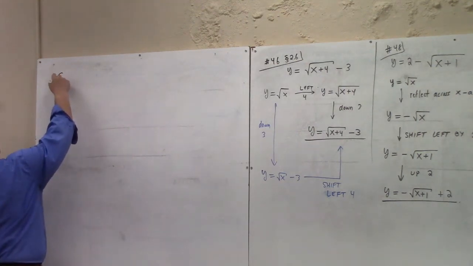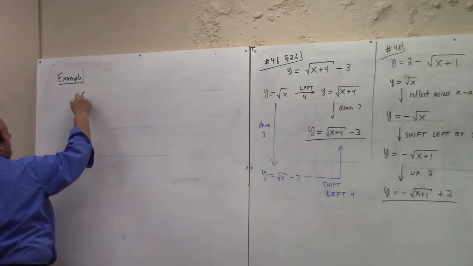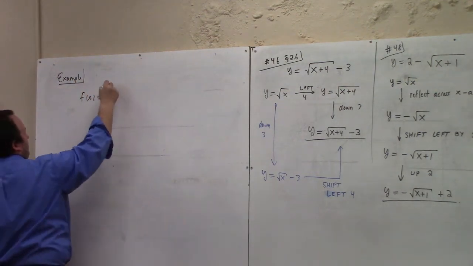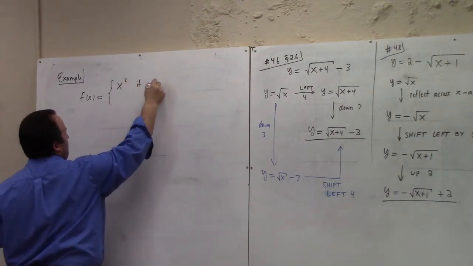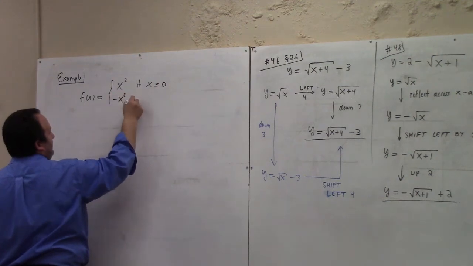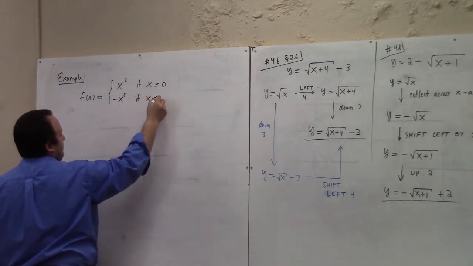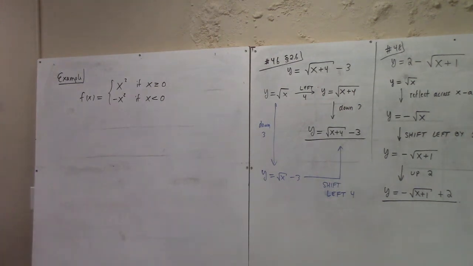So here's an example. f of x equals x squared if x is greater than or equal to 0, and minus x squared if x is less than 0. So this is a piecewise defined function because I have a different rule on different parts, right?